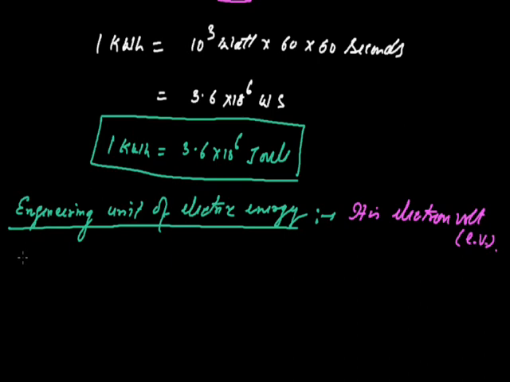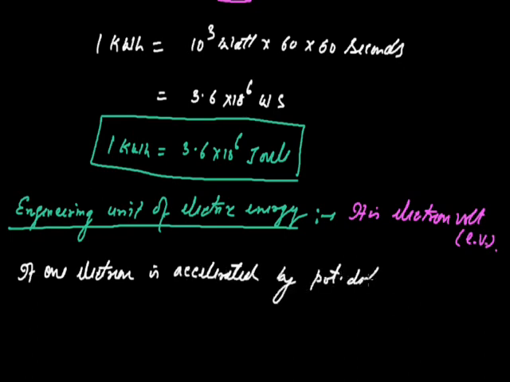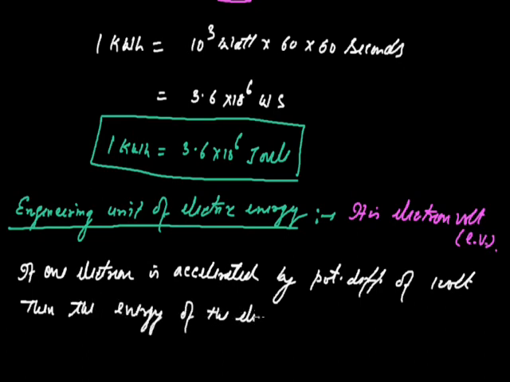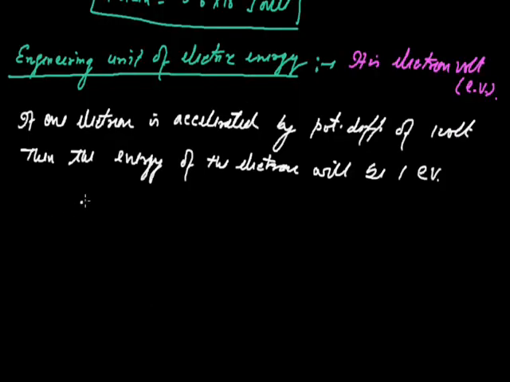According to the definition, if one electron is accelerated by a potential difference of 1 volt, then the energy of the electron will be 1 electron volt.